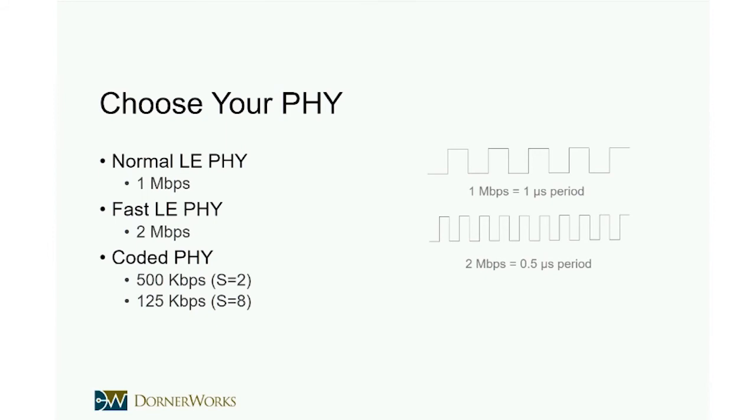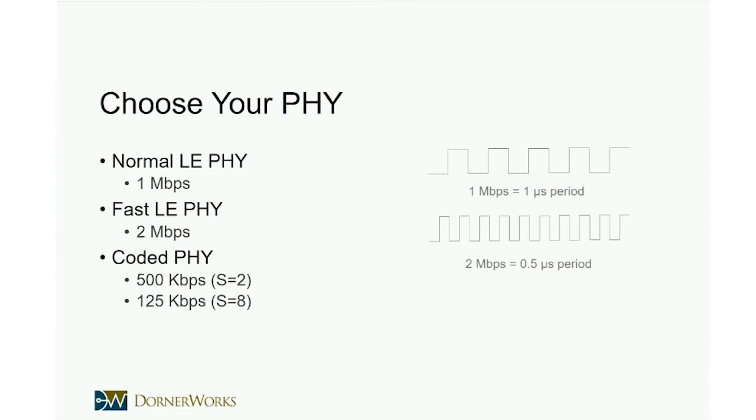Bluetooth 5 added a 2 megabits per second physical layer, and what that allows is for you to send data faster, twice as fast. It doesn't mean that your throughput's twice as fast because there's still some overhead that was added for Bluetooth 5 in order to support the 2 meg PHY, but it's pretty close to 2 times as fast. I think it's 1.7 times as fast or something like that. There's also a coded PHY, and what this means is I'm going to decrease my bit rate in order to get further distances. And that S=2, S=8 notation means that it used to send 1 bit as 1 bit. S=2 means I'm going to send 1 bit as 2 bits. So I'm going to send a 1-1 instead of just a 1 in order to use error correction.